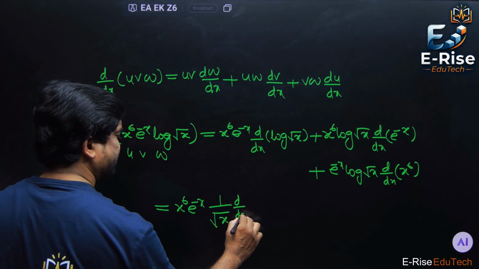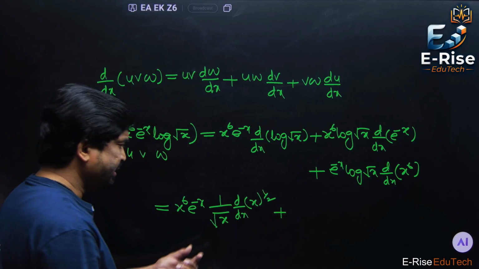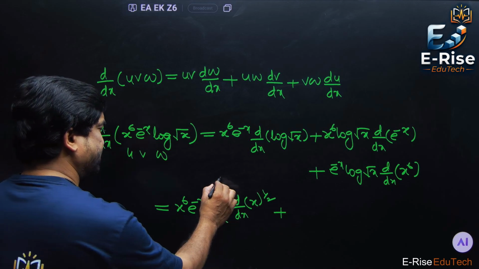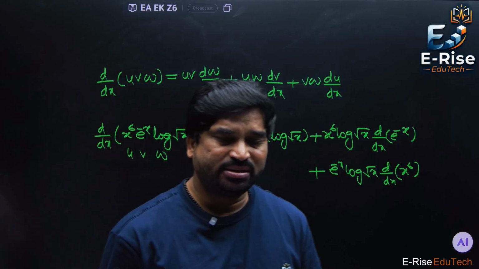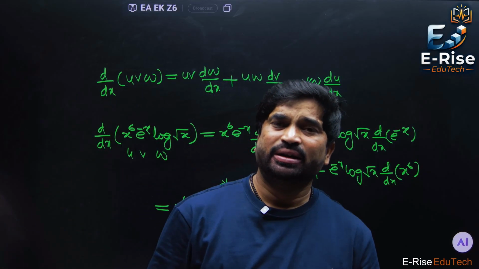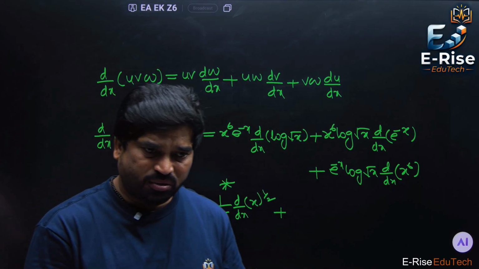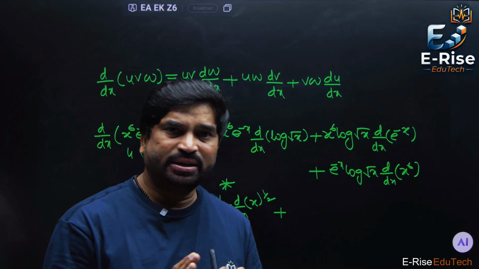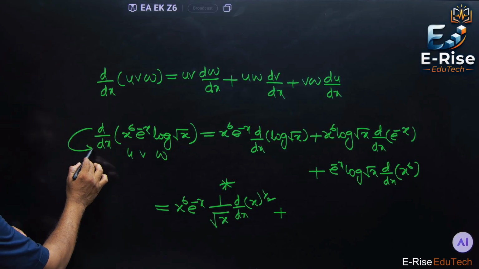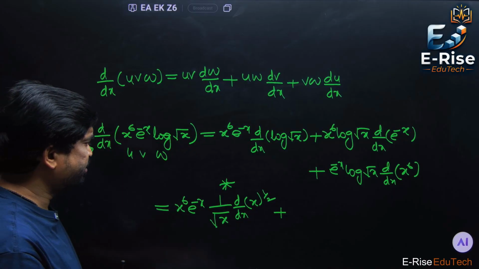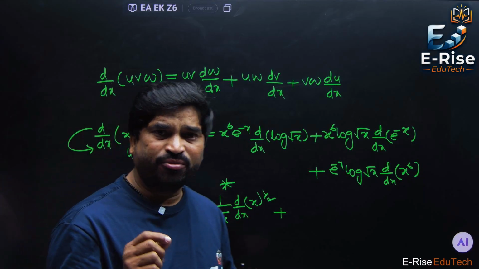And again d by dx of x power 1 by 2, internal differentiation applied. Here internal differentiation applied, very important thing. Where will we apply the internal differentiation? When the power of x is 1, you got 1. Till 1 you do not stop, compulsorily apply the internal differentiation, if not the power is 1. When we apply the differentiation with respect to x in our equation, the x power has become 1.